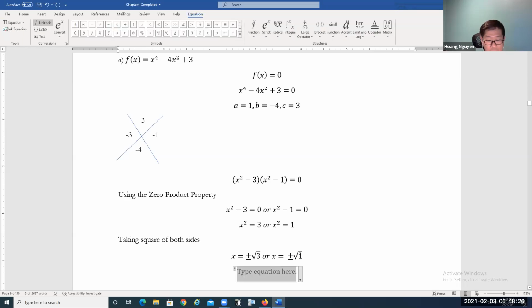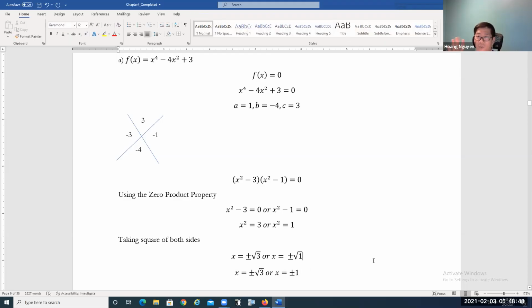Square root of 3, we cannot simplify anymore, so that's going to be the answer: x equals plus or minus square root of 3. Or what is the square root of 1? The square root of 1 gives you 1, right? So x equals plus or minus 1.